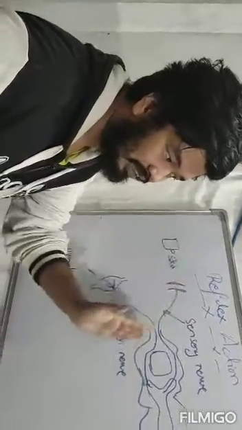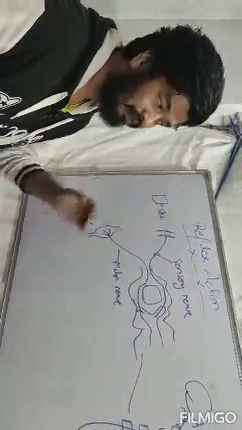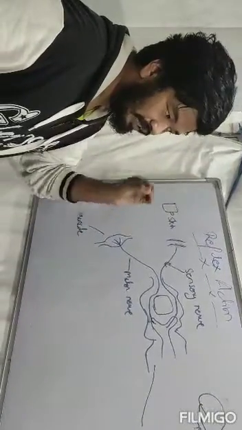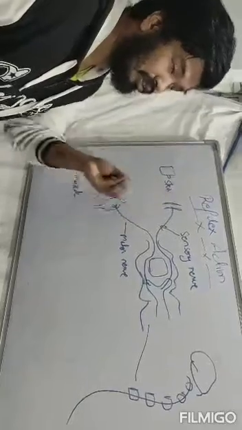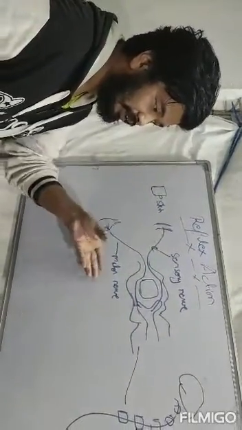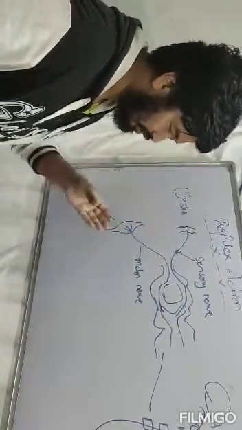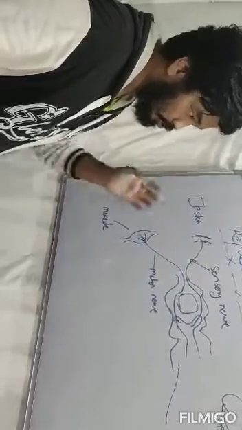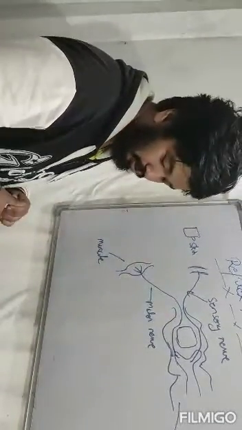Because if the signal has to travel to the brain, it will take some time, and during that time the injuries might become very severe. So it's very safe that the spinal cord plays a crucial role during the reflex action by itself performing the work of a motor nerve, itself pulling the hand back. This is how the reflex action takes place with the help of the spinal cord.